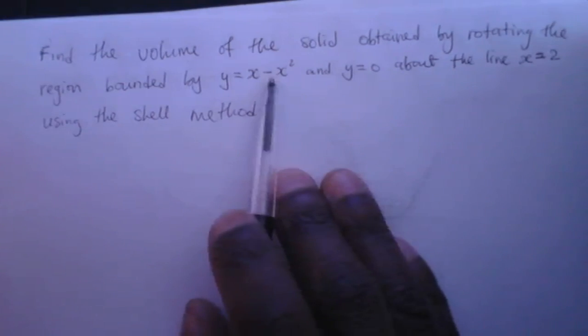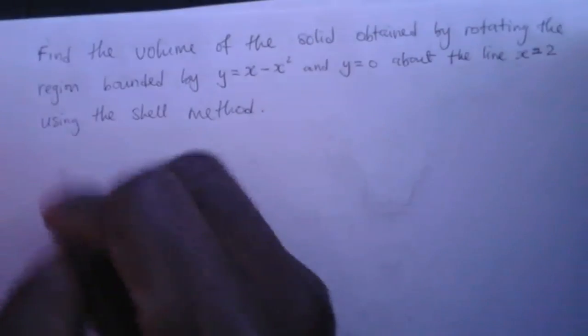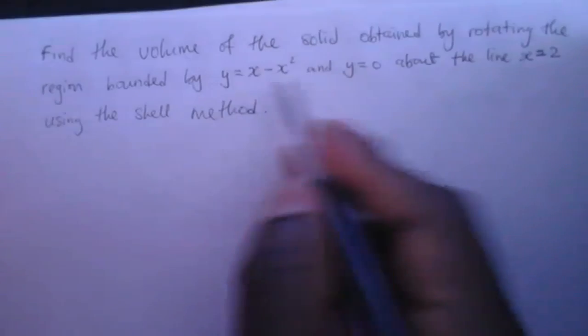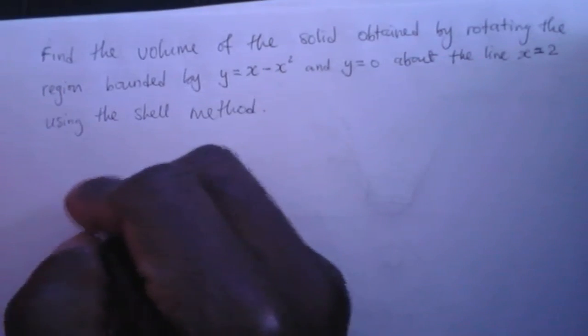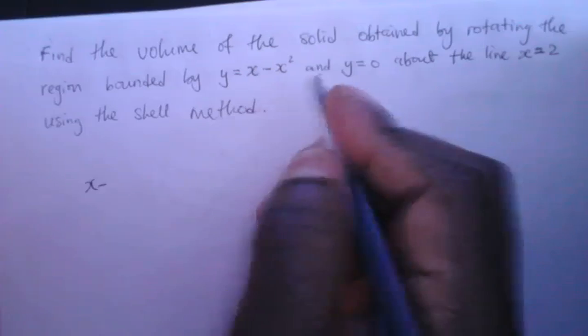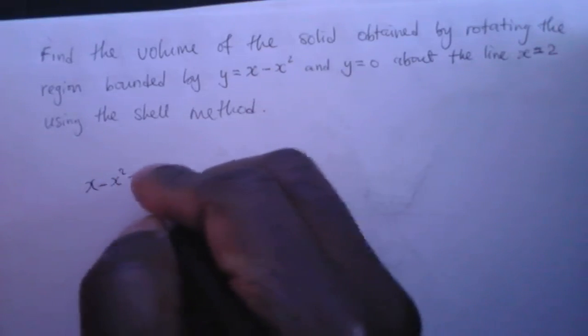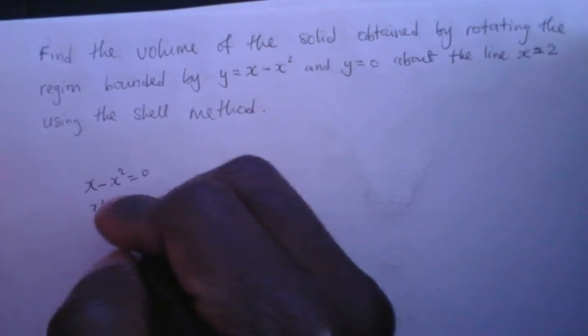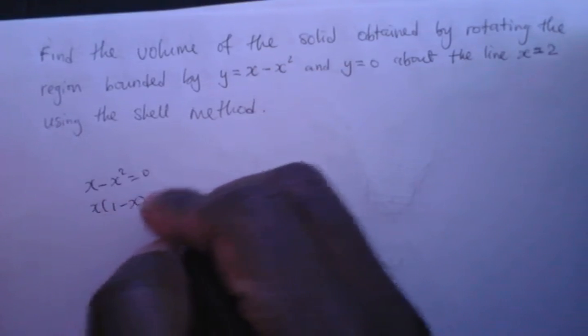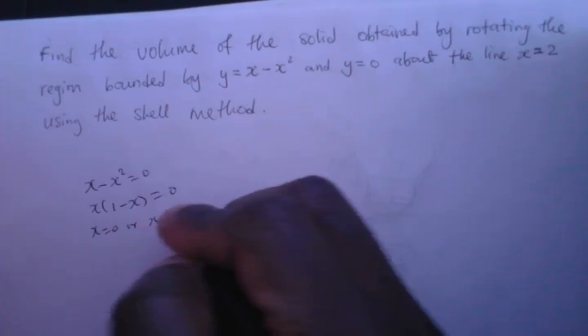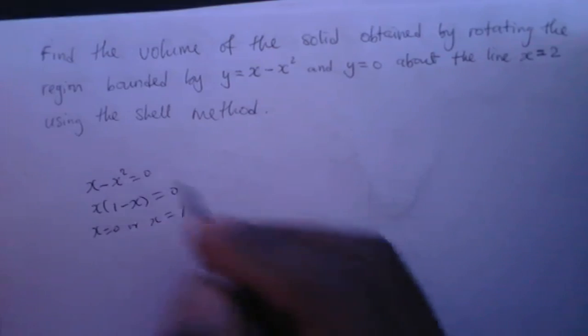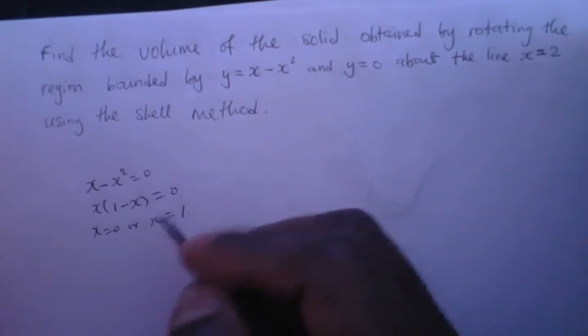To sketch this parabola, we just need to find the intercepts. If I solve x minus x squared equals 0, I end up with x equals 0 or x equals 1. So this is the x-intercept.